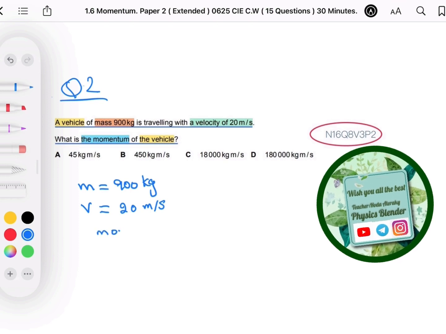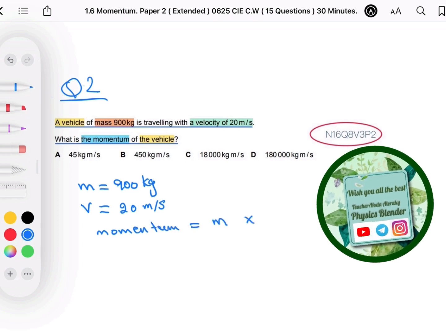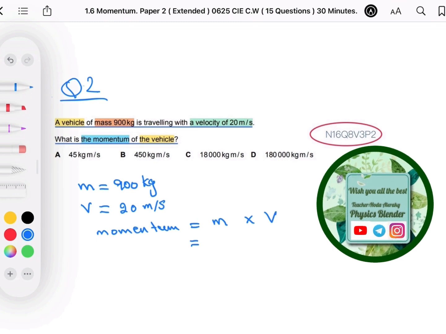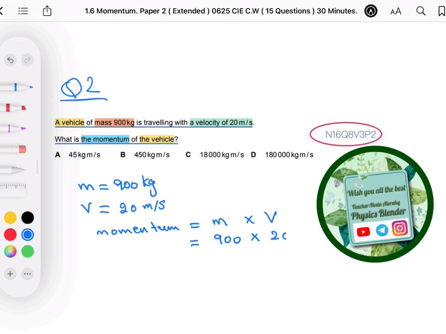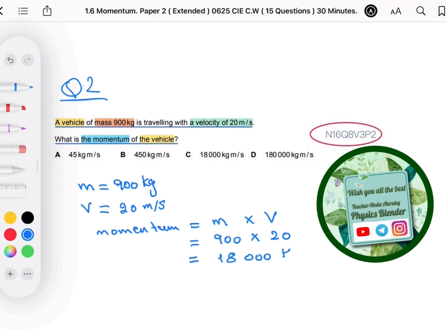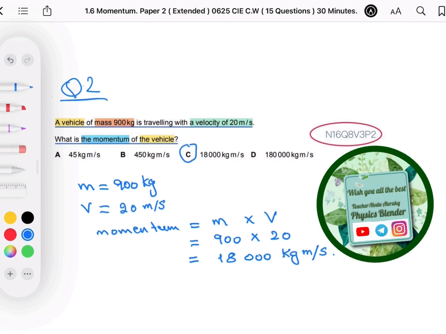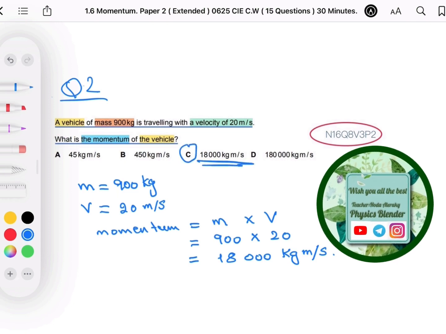Momentum is equal to mass times velocity. Mass is given, velocity is given. The final answer: 18,000 kilogram meter per second. So the correct answer is C. It's very simple.